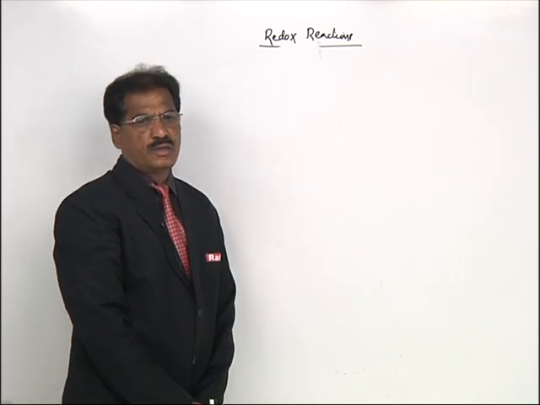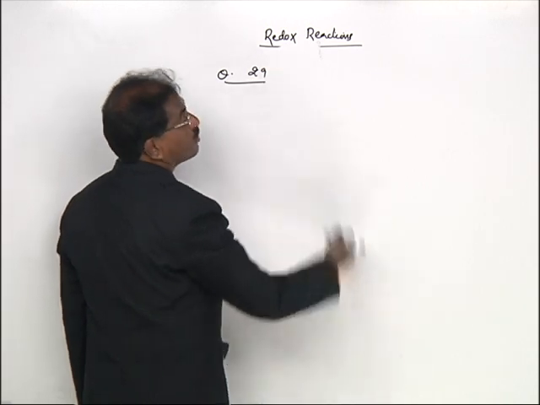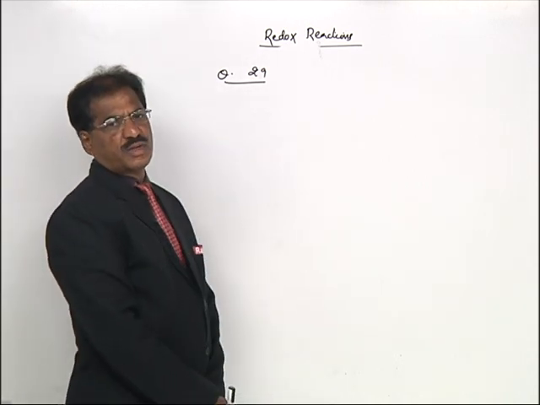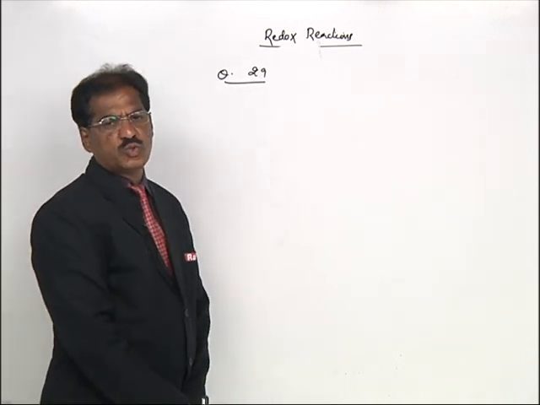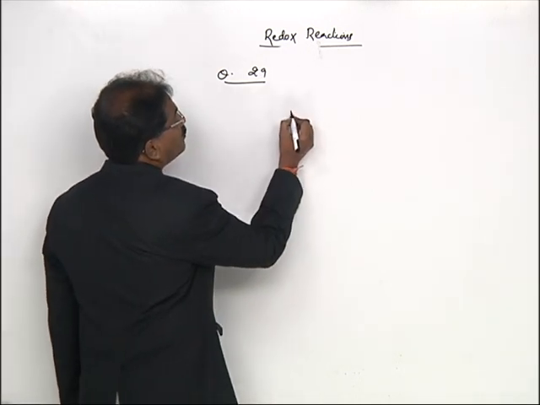Next, question number 29. Oxidation number of the phosphorus in Mg2P2O7. Represent the formula of Mg2P2O7.